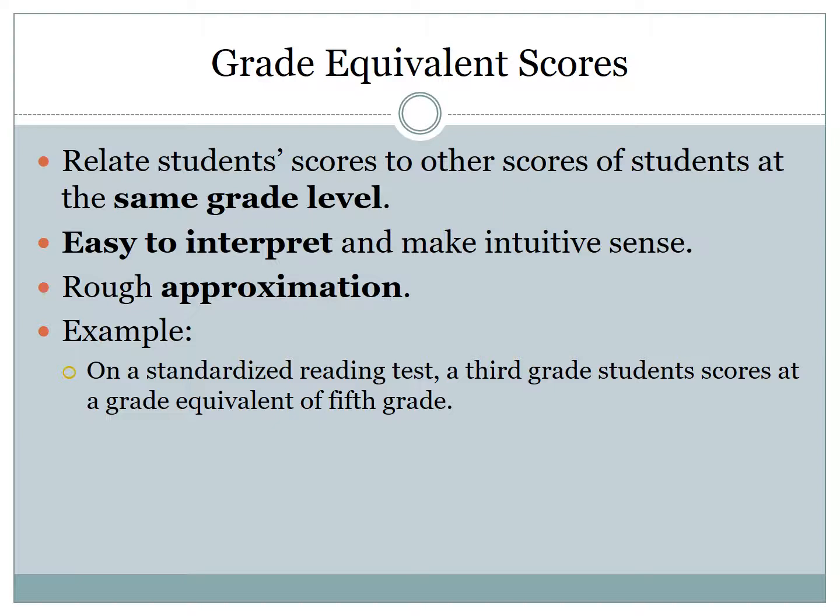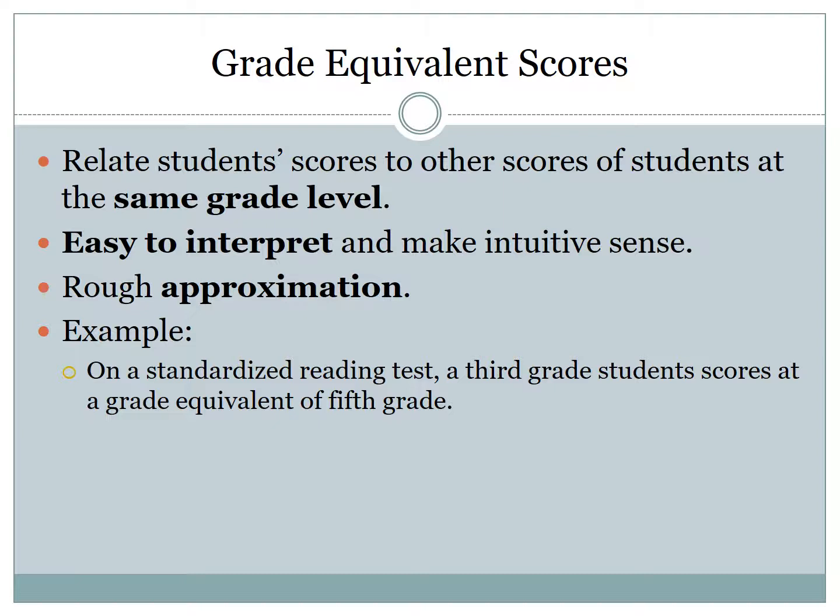Grade equivalent scores are sometimes used. These scores relate student scores to other scores of students at the same grade level. They're easy to interpret and they make intuitive sense, but they're only a rough approximation.